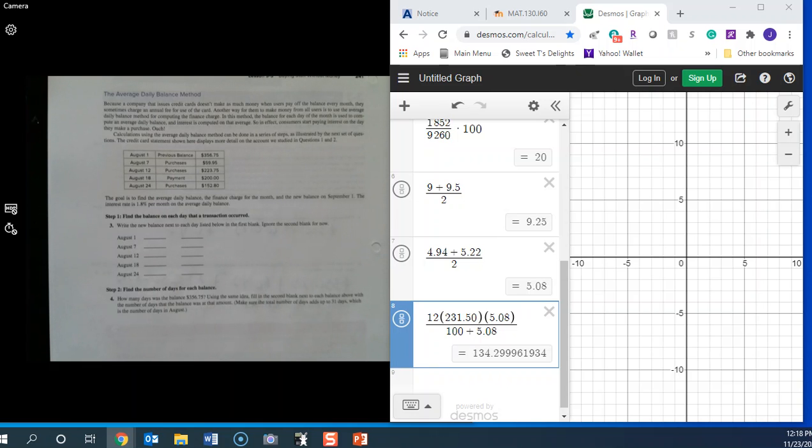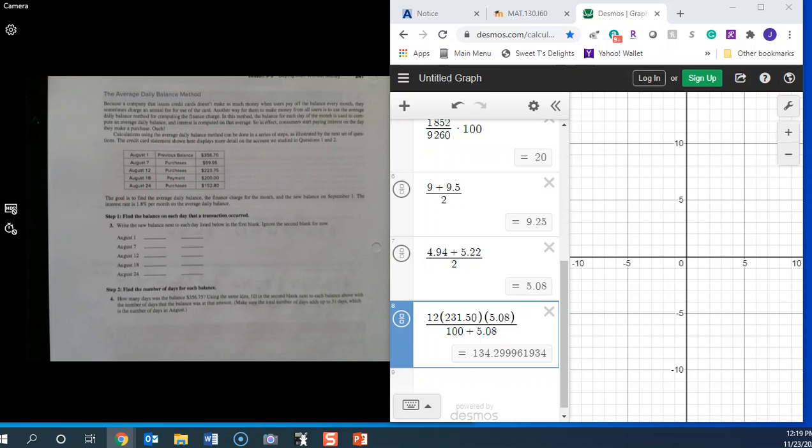Another way for them to make money from all users is to use the average daily balance method for computing the finance charge. In this method, the balance for each day of the month is used to compute an average daily balance, and interest is computed on that average. So in effect, consumers start paying interest on the day they make a purchase.